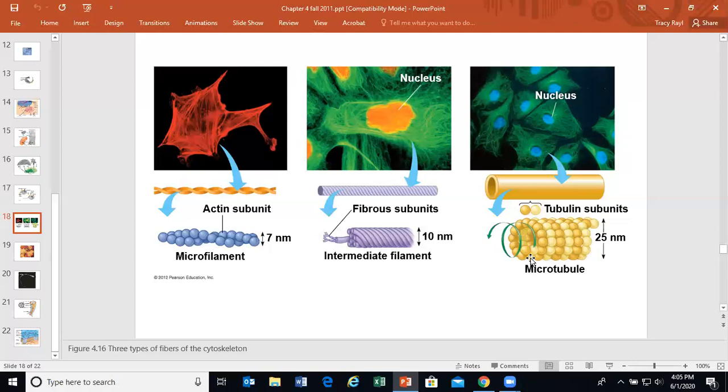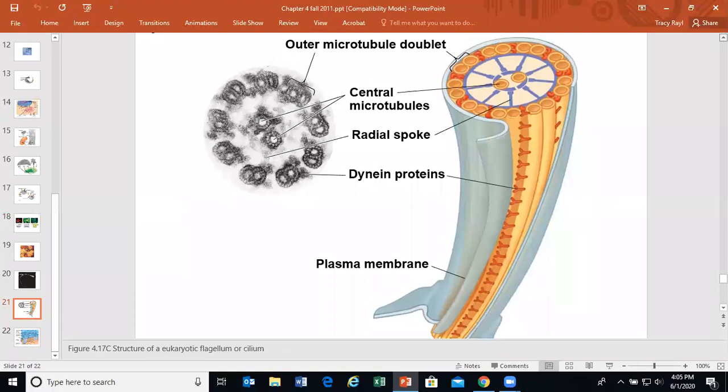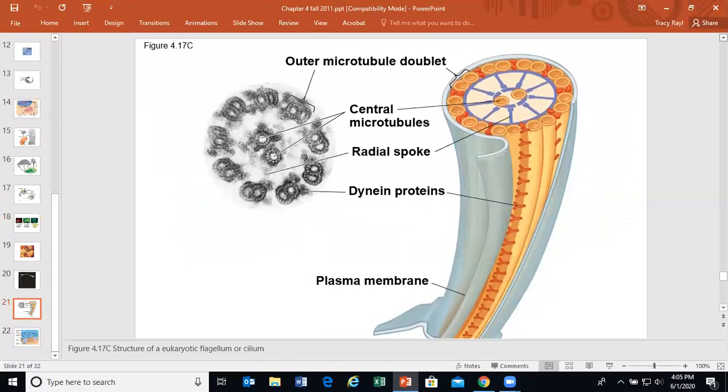And then cilia and flagellum, which is the last page of the outline. So cilia and flagellum are both composed of microtubules. So here is a cross section of a microtubule. They both have a 9+2 microtubule arrangement.